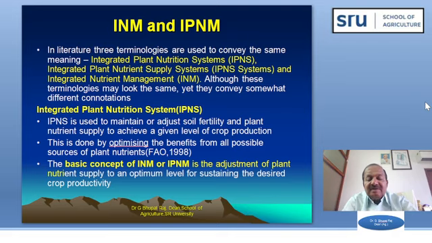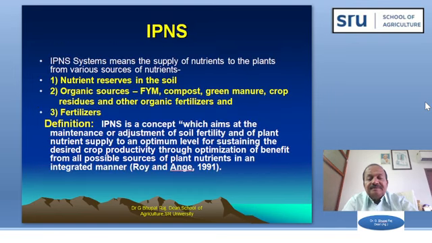The basic concept of INM or IPNM is the adjustment of the plant nutrient supply to an optimum level for sustaining the desired crop productivity. The integrated plant nutrient system means the supply of nutrients to the plants from various sources: the nutrient reserves already available in the soil and organic sources like farmyard manure, compost, green manure, crop residues, and other organic fertilizers and fertilizers.